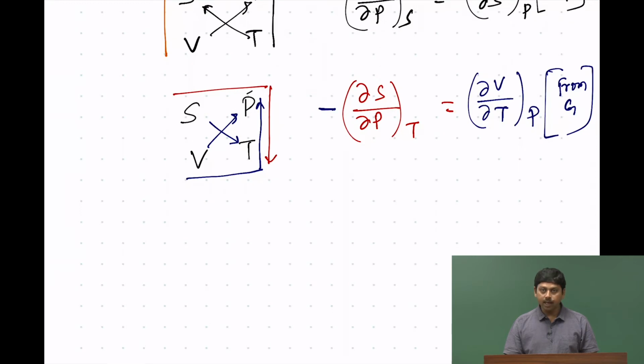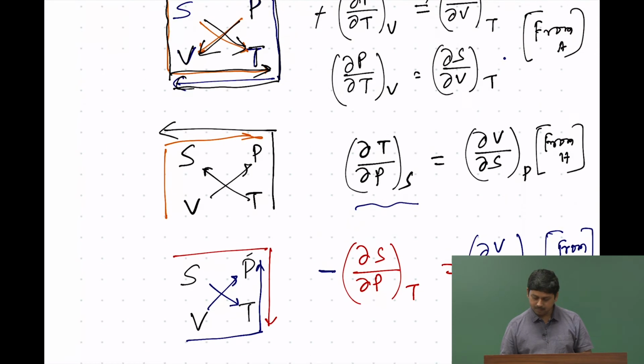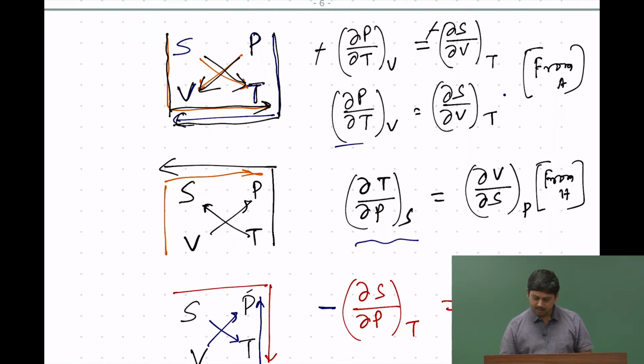So, there are some easily experimentally measurable quantities, such as del V by del T at a constant P. As I said earlier also, for example, this is difficult to measure, but let us say this is easy to measure.